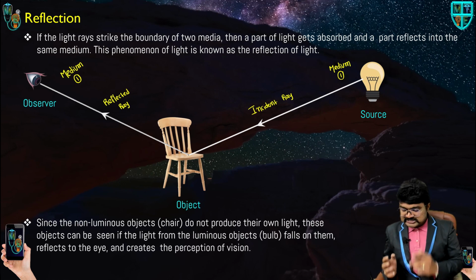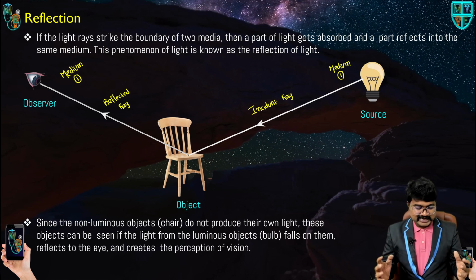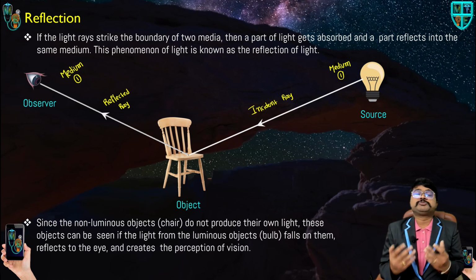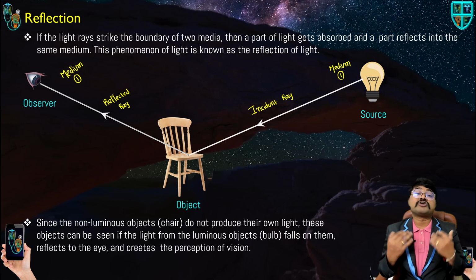Okay, see here, since non-luminous objects like a chair or wall don't produce their own light, these objects can be seen if the light from luminous objects falls on them and reflects to the eye and creates the perception of vision. You are able to see these non-luminous objects because of this particular reflection of light.